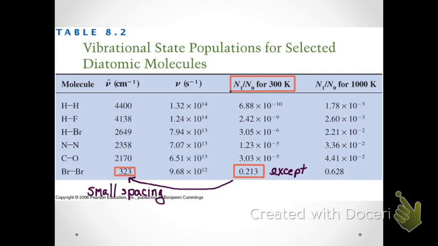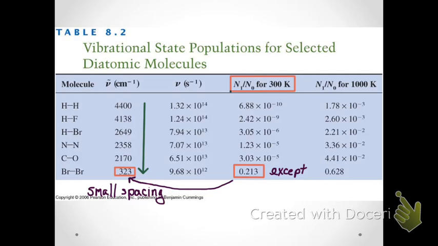If we do a simple comparison here, we'll certainly note that as we go down this particular table, the wave numbers are decreasing, and that means that the spacing between the energy levels is decreasing, and as the spacing decreases, the relative population that we see over here increases in that order.